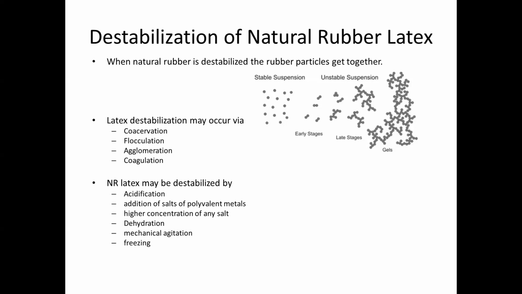You may know that if you shake it a bit harder, shearing it this way and that, the latex becomes unstable. Other than that, you have freezing. So the latex may destabilize by acidification, addition of polyvalent metals, higher concentrations of any salt, dehydration, mechanical agitation, and freezing.